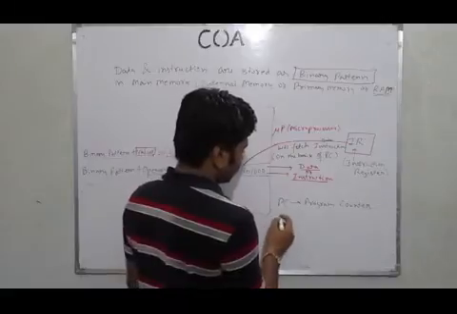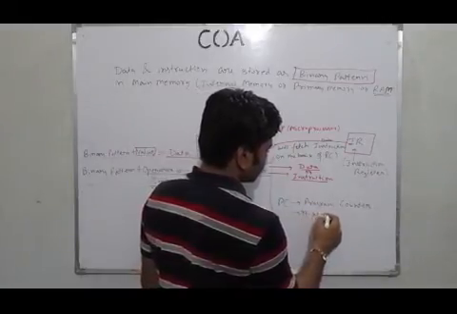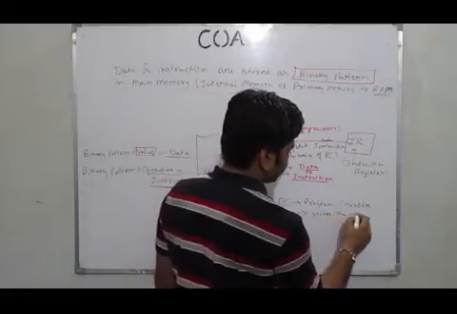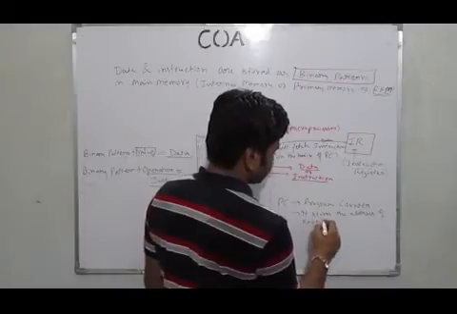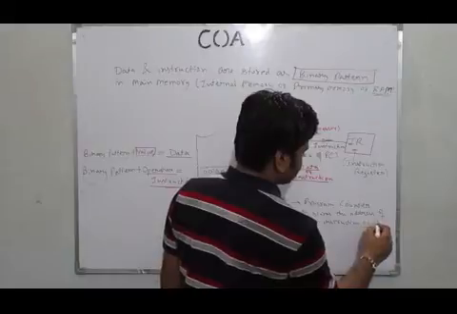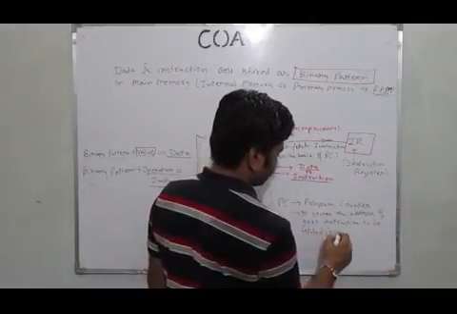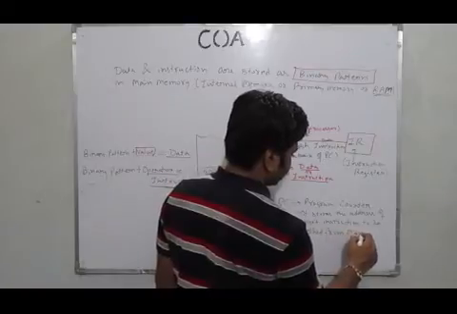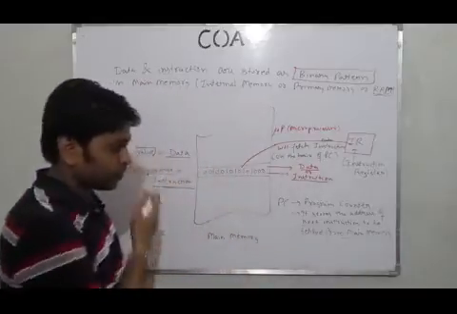So the program counter basically stores the address of the next instruction to be fetched from main memory. Fine, this is a basic idea of the program counter.